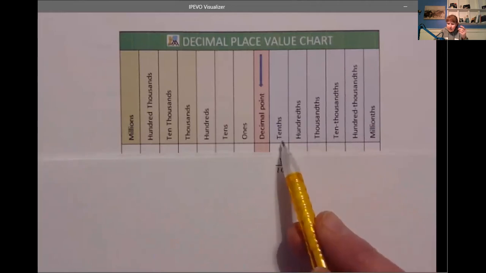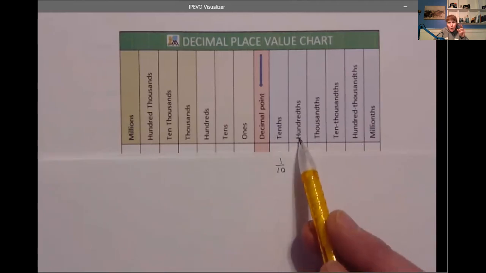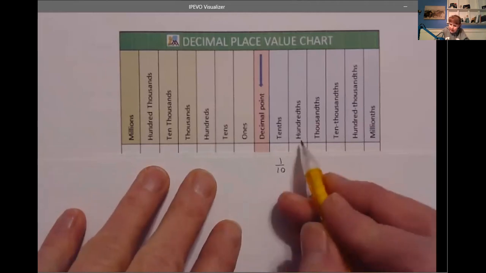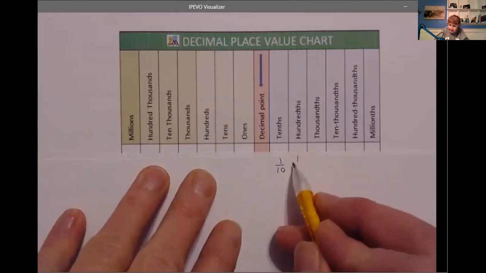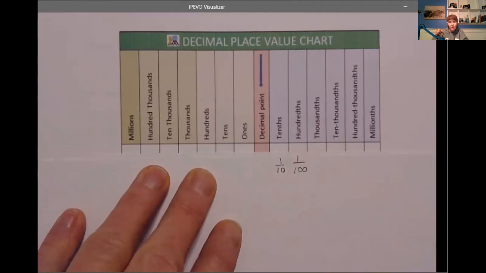If it's here, the denominator is tenths. So you've divided something into 10 equal parts. Here is hundredths. So if you're dealing with something in this spot, it's hundredths. So they're fractions with specifically designated denominators.